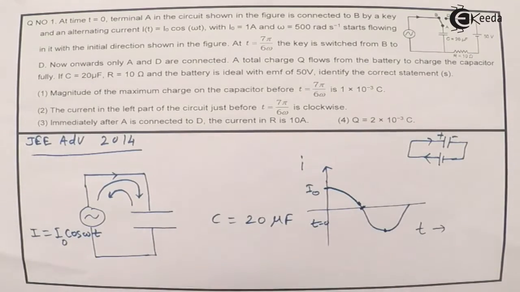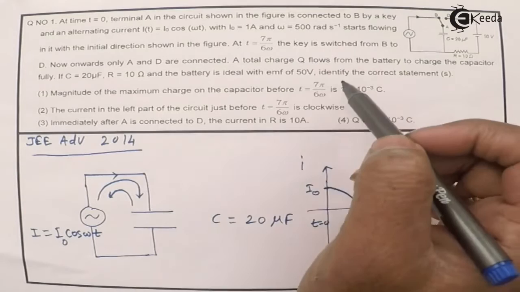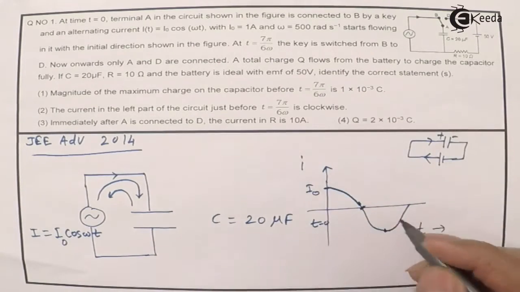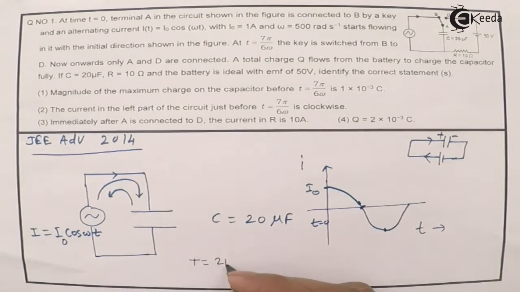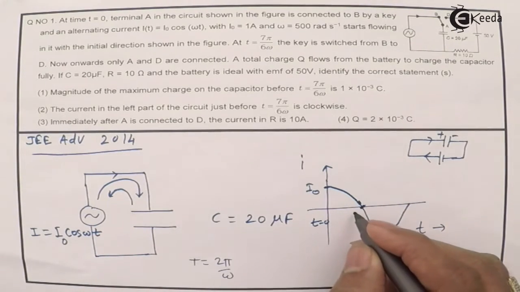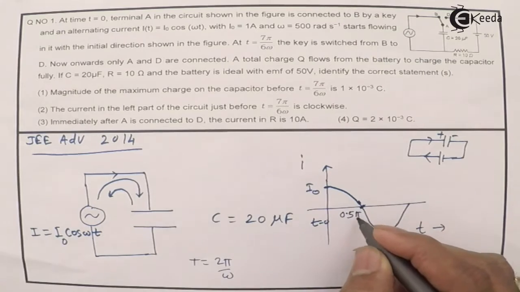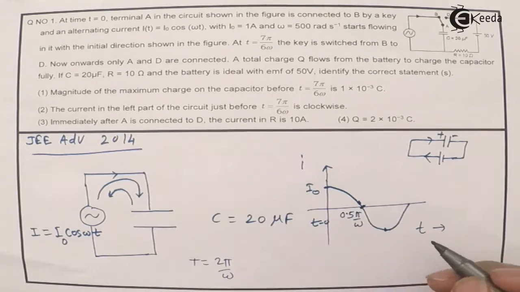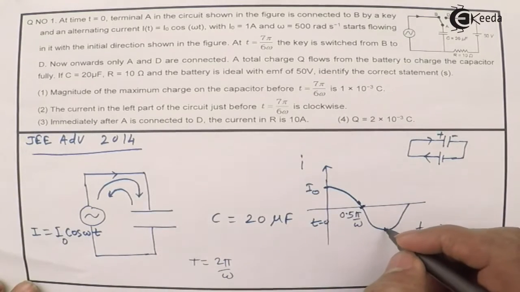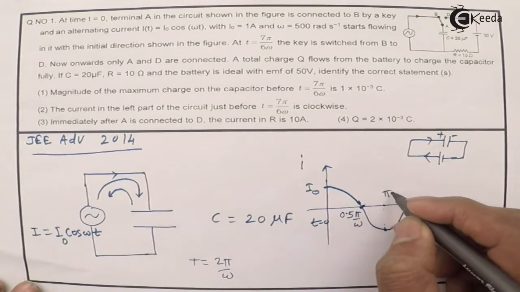Our concern is the time that is given, 7 pi by 6 omega. Where will that time lie? This total time I'll write as 2 pi by omega. This one is 1/4 of that, so this is actually pi by 2 omega, 0.5 pi by omega. This is a little more than 1, and here it is, this is actually pi by omega.